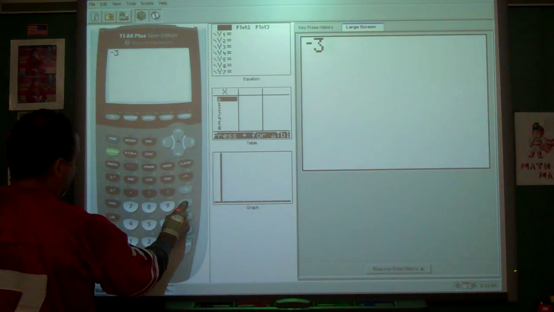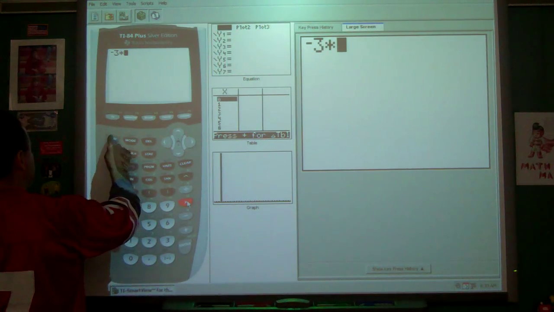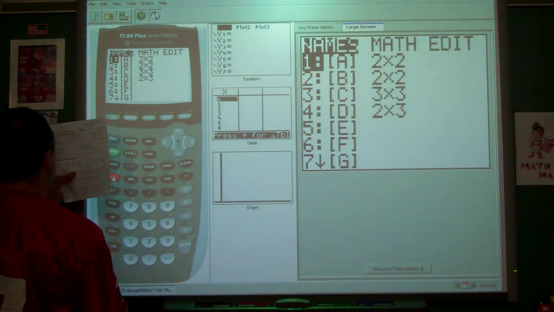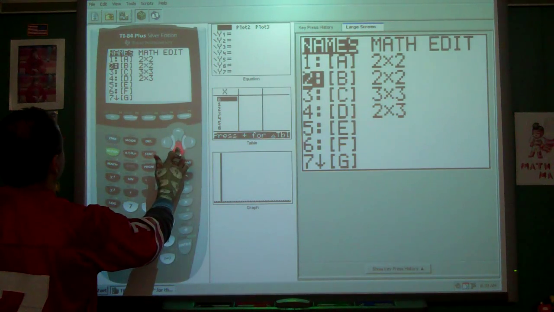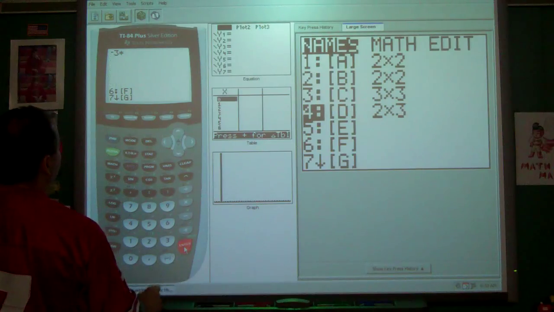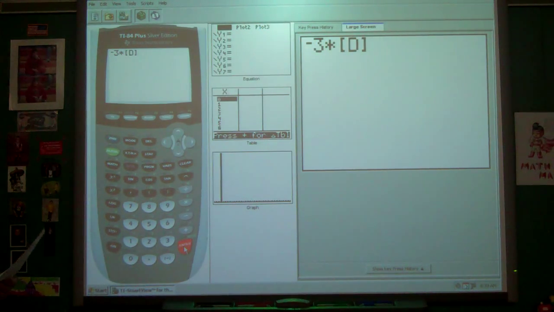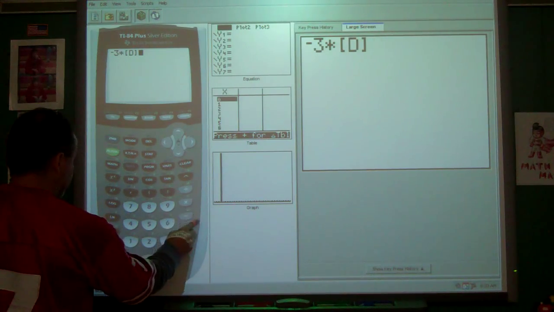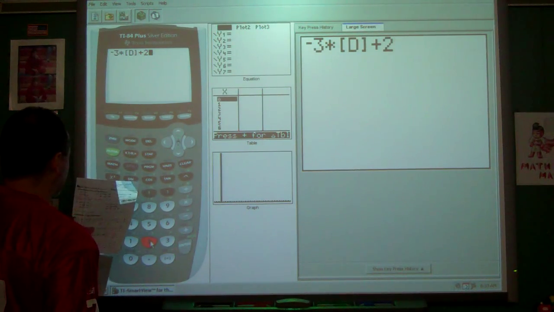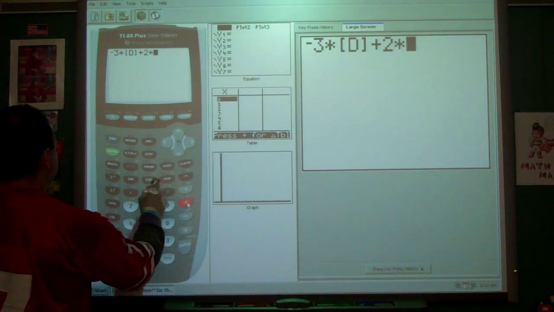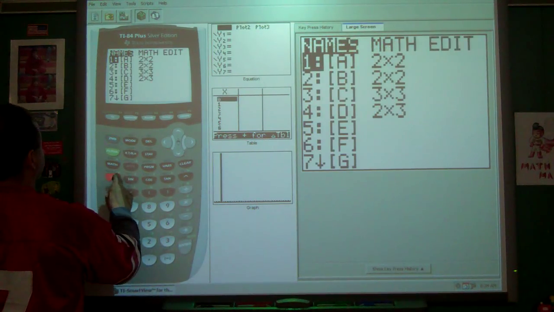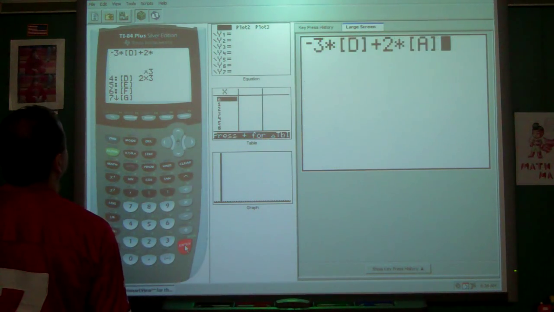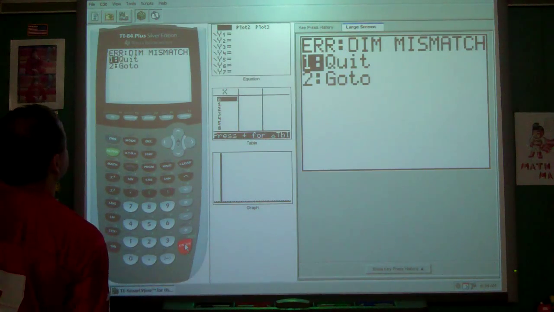Some people might want to press times just to be sure. -3 times matrix D. Plus 2 times matrix A. Enter.